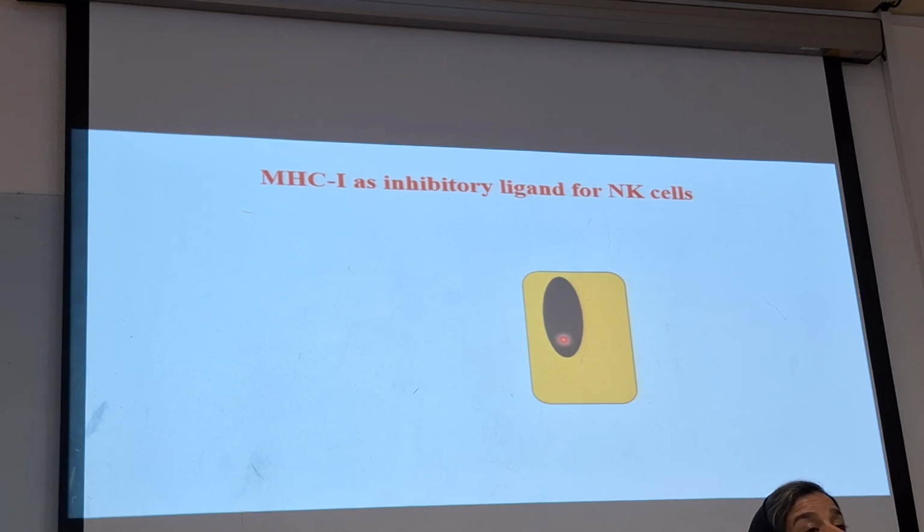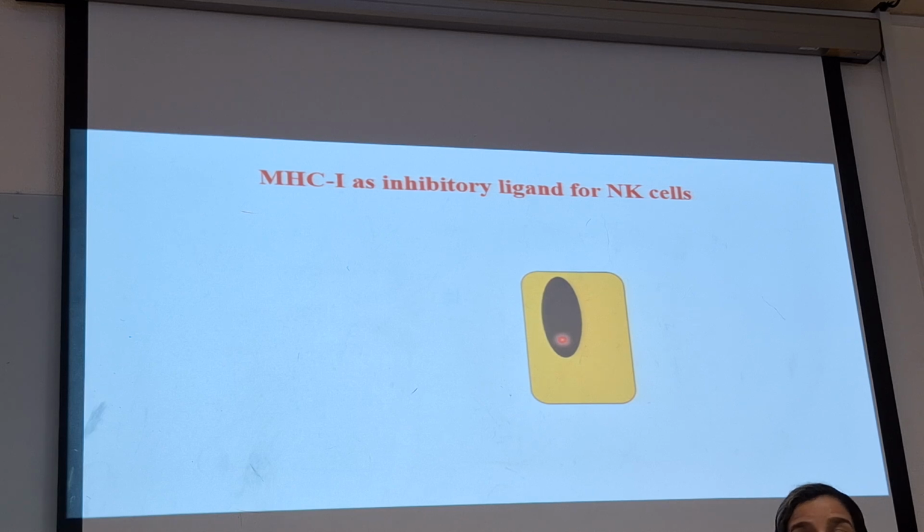And why are NK cells in normal conditions not able to lyse our normal cells? Because all of our nucleated cells express MHC1 molecules on their surface.